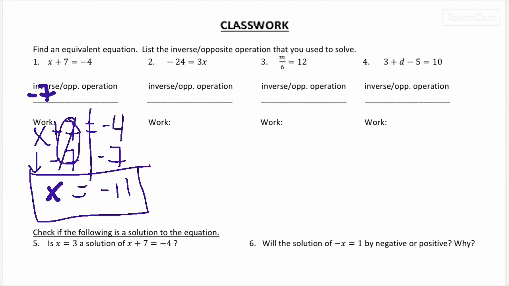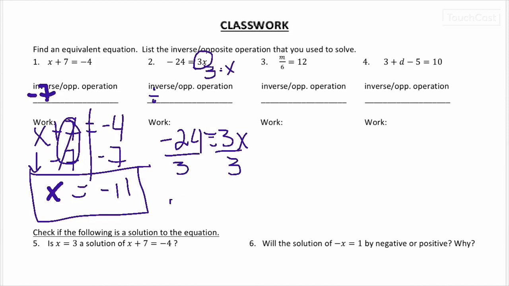Okay, number 2. So again, you have to remember that this is 3 times x. So the inverse of times is divide. So I'm going to divide, and then I'm going to do that right now. Show my work. And divide by 3, both sides, because whatever you do to one side, you do to the other.